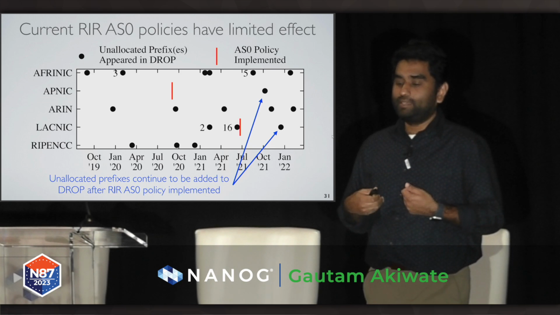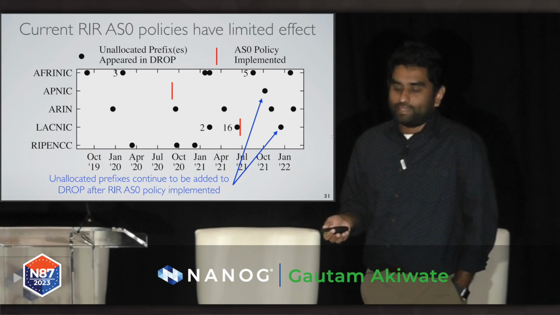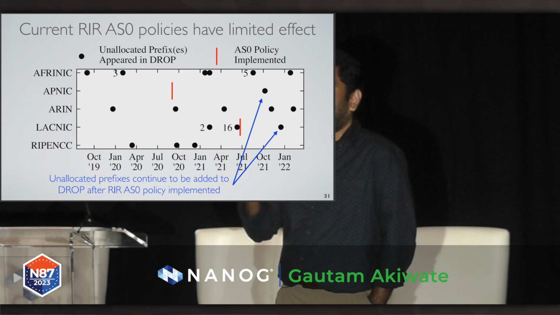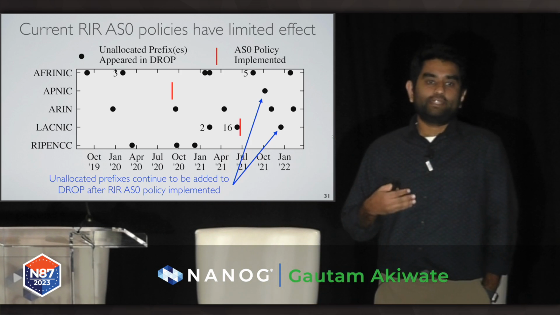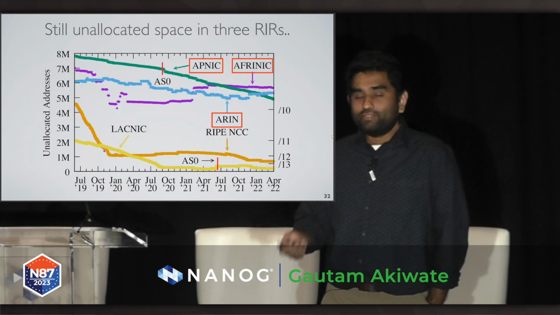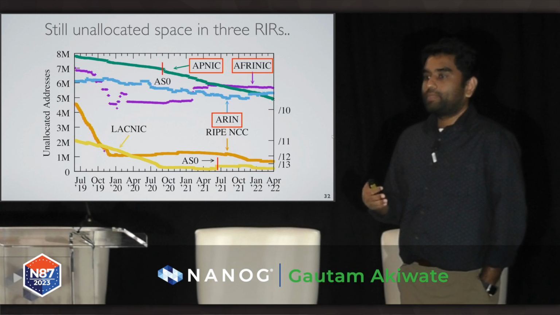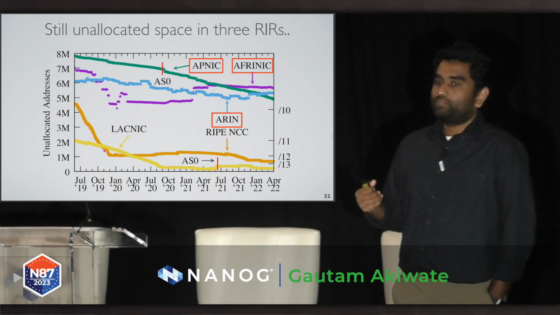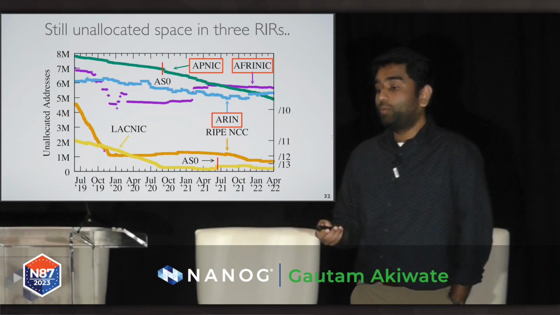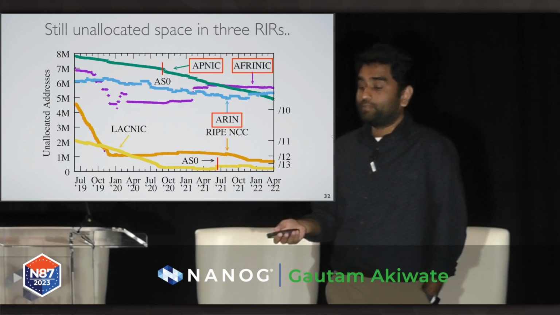Which is why we see unallocated prefixes for even these RIRs continue to be hijacked even after the RIR implemented this AS0 policy. So having this on an alternate trust anchor locator does not really work. And given that there is still unallocated space in 3 RIRs, we as a community need to figure out, if the RIR AS0 is not the right solution for us, then what is? There is a lot of unallocated space out there that is prime for hijacks.